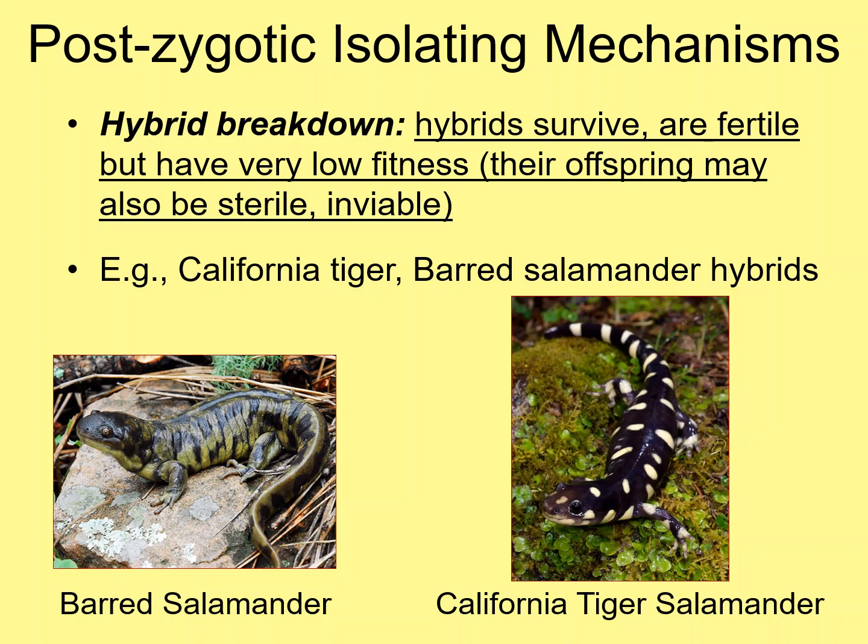With hybrid breakdown, you do get some of that reinforcement, but in some cases, you can actually have what's known as a hybrid zone that forms basically where hybrids continue to form. And we've seen this when we were talking before about reduced hybrid viability with the frog example. The two different species overlap with their geographic range.